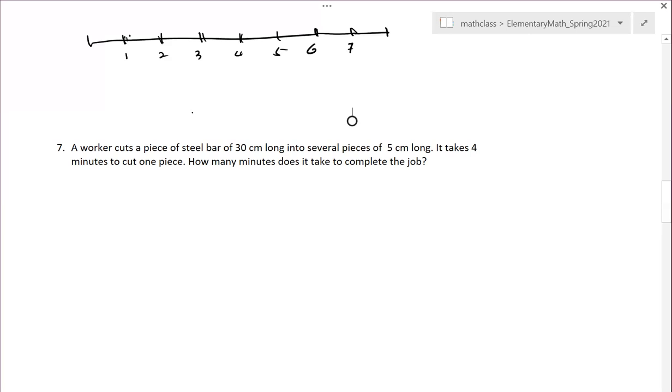So the next one, a worker cuts a piece of a steel bar of 30 centimeters long into several pieces. Okay, and here we are given the length of each piece. It takes 4 minutes to cut one piece. That's a several step problem here.